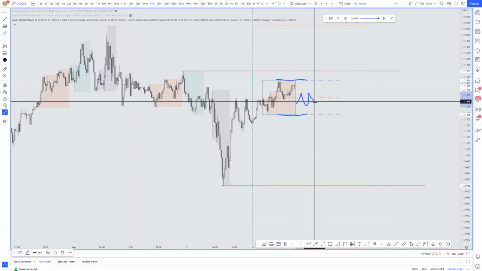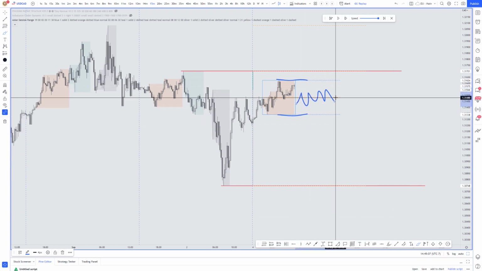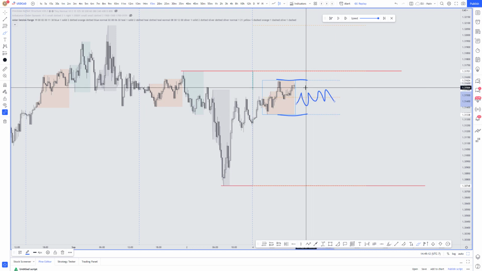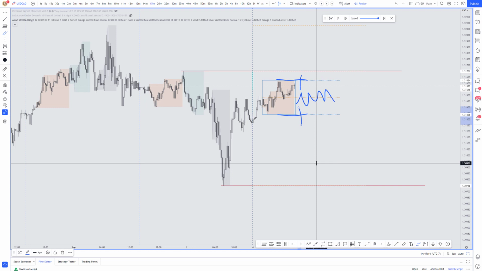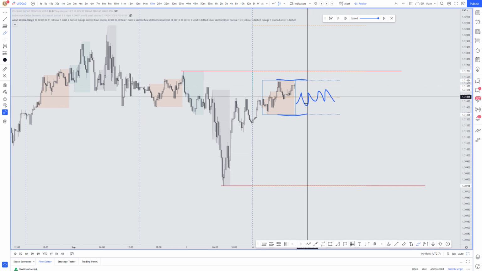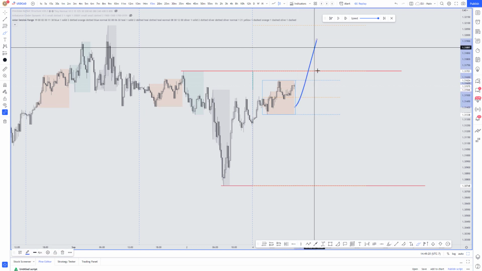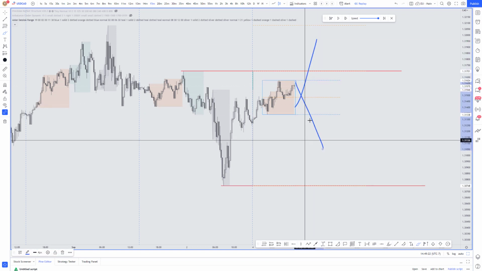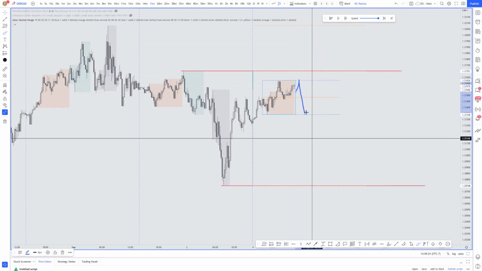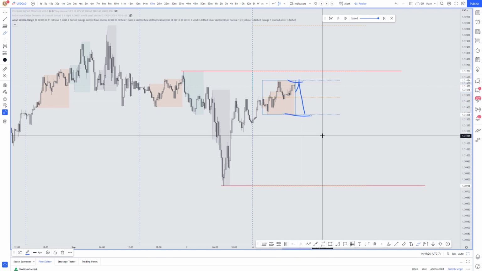So if price is just doing this in here, can you trade it? Yes. Is it as high probability as when price breaks out of the box? No. Once price breaks out of this box, whether it's to go up or down, or it's just a sweep, you want to break the highs and lows.